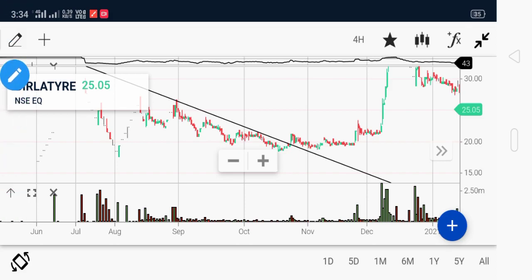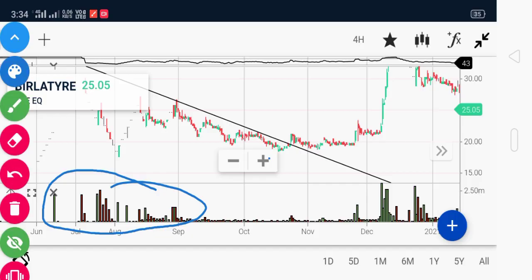I hope you all are able to see that there are a lot of green and red volume. Okay, but if I zoom, see there are green and red volume, but green volume is more than the red volume. So we say that volume is good.